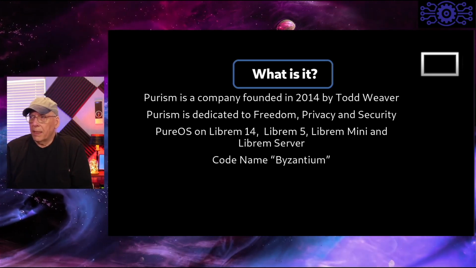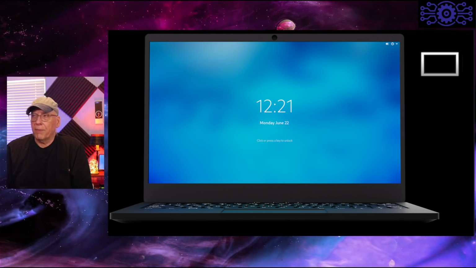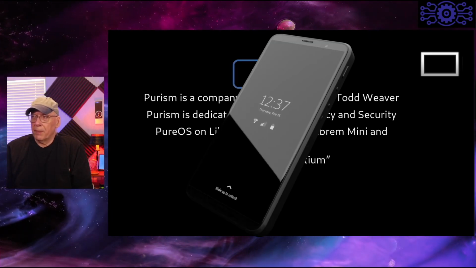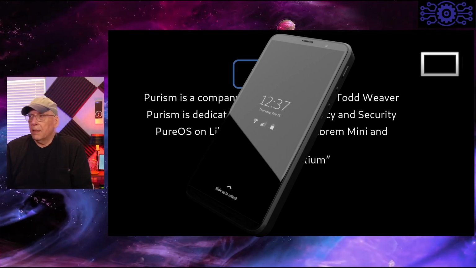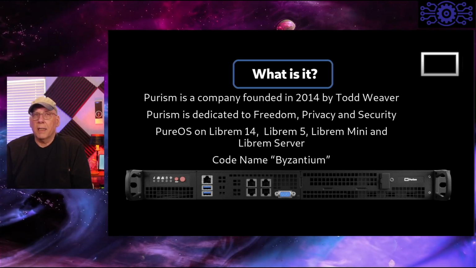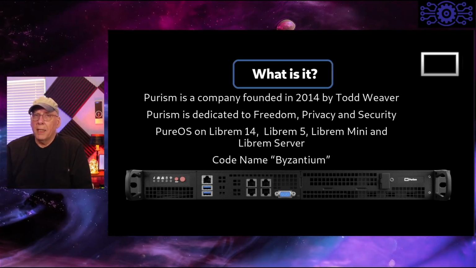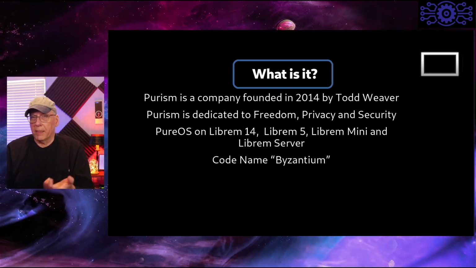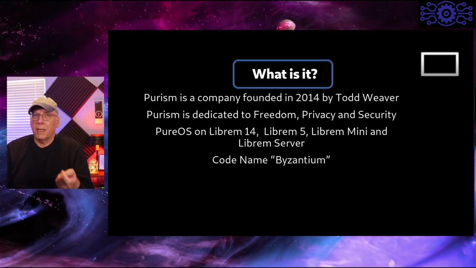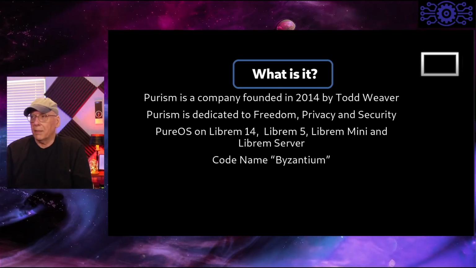So there are currently a few models that support PureOS: the Librem 14, the Librem 5, which is a phone, the Librem Mini, which is a NUC-like device, and then a Librem server. There are 3 different models of that to allow you to get additional computing power when you need that. But PureOS, as I understand it, isn't just for their hardware. It's something that you can use as well.